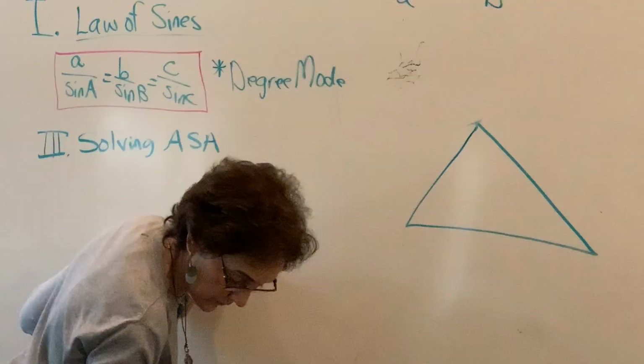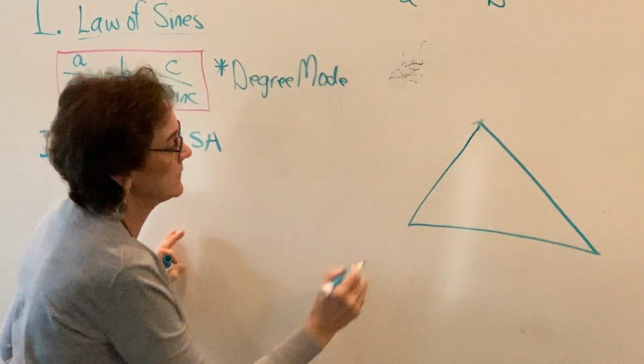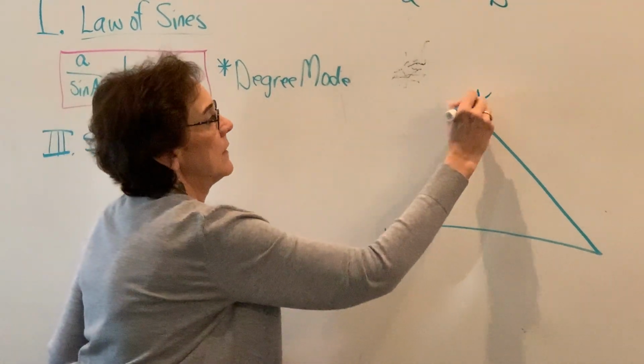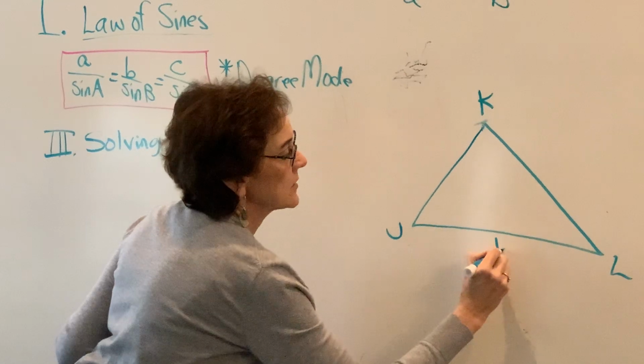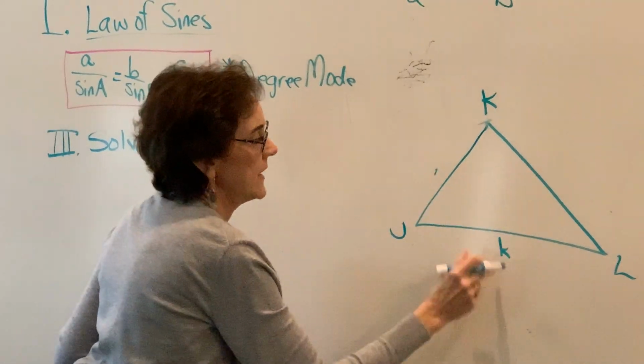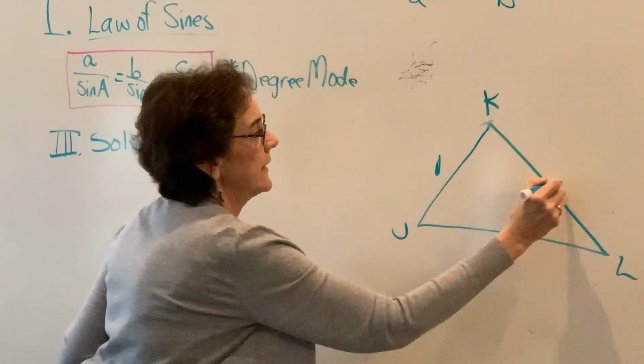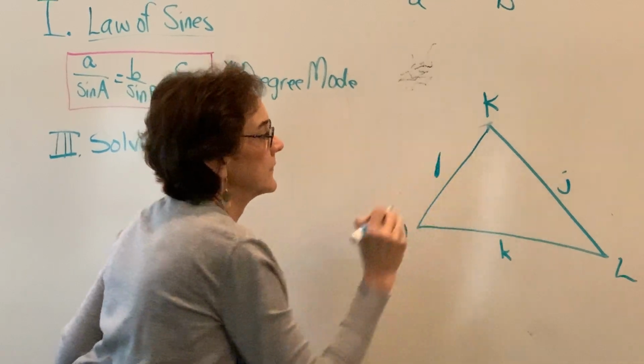All right, so we've got JKL. So this is lowercase l, K, lowercase l, and lowercase j. Okay?